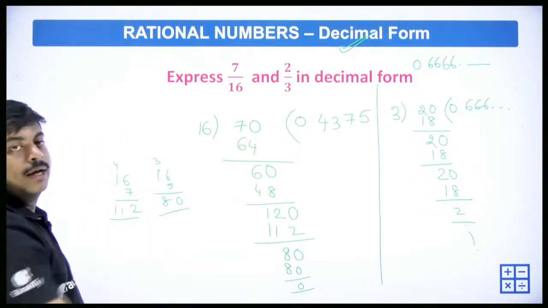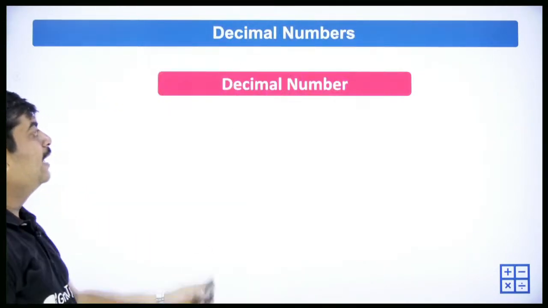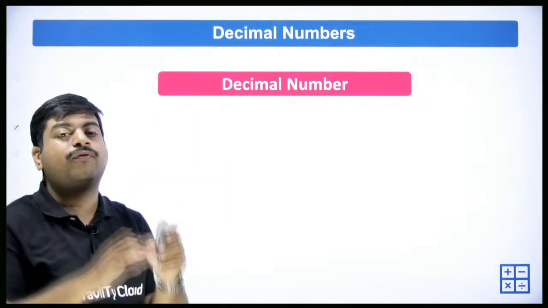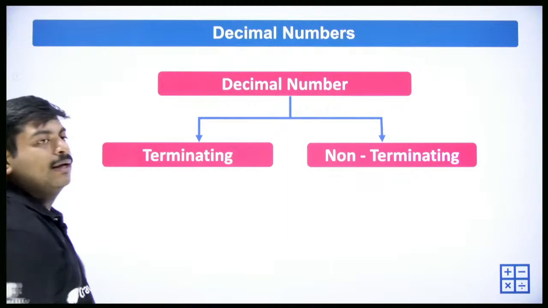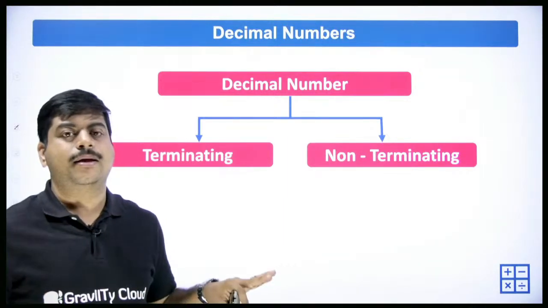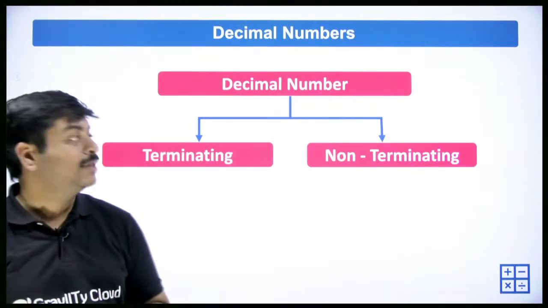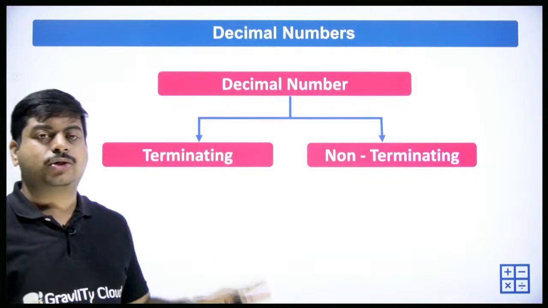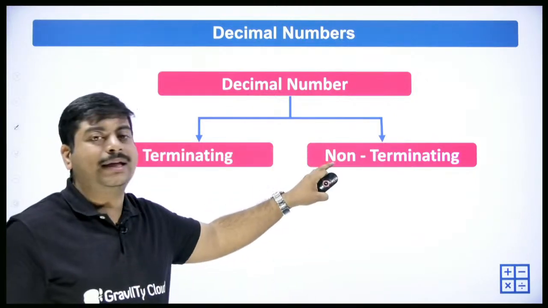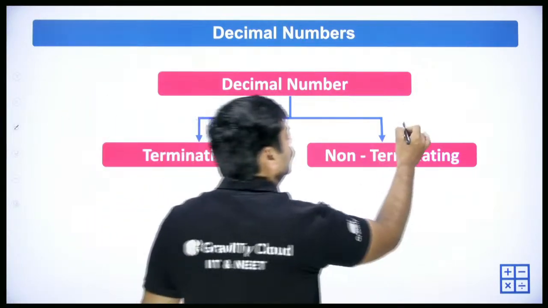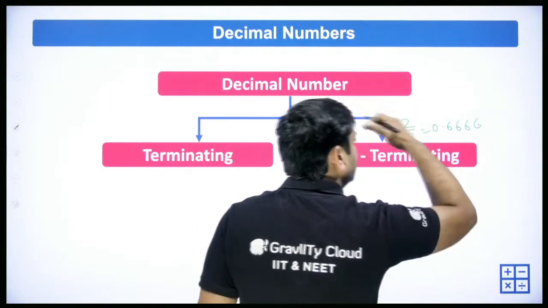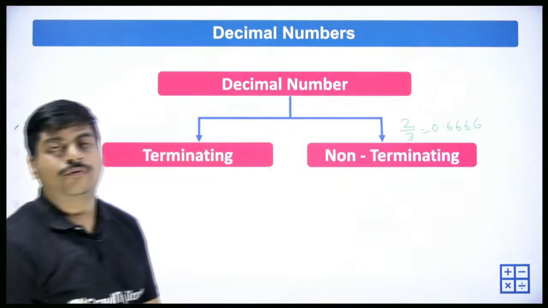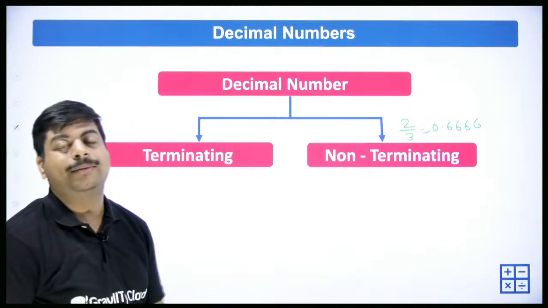Here it didn't stop. So based on that, we can say decimal numbers are of two kinds. One is terminating. Terminating means it is stopping, just like the one we just saw. But non-terminating, just like the 2 by 3 value, 0.6666, which goes on forever, is called non-terminating.